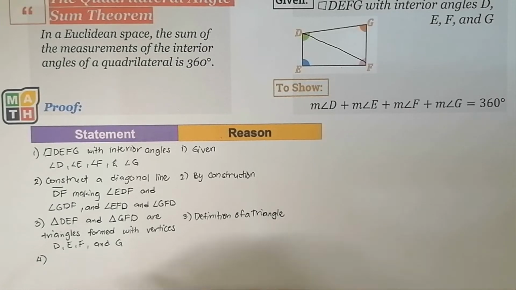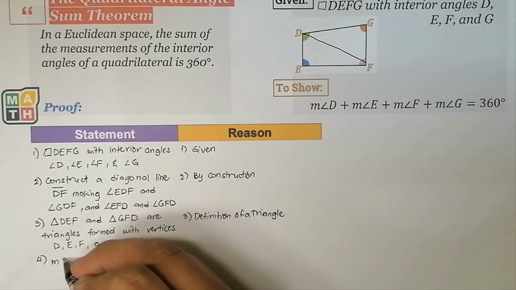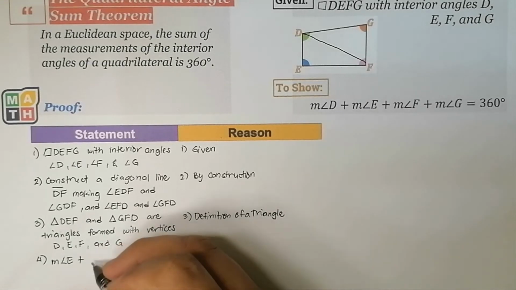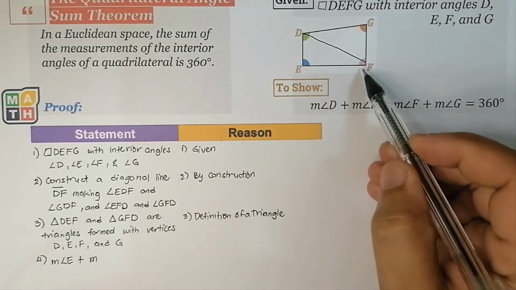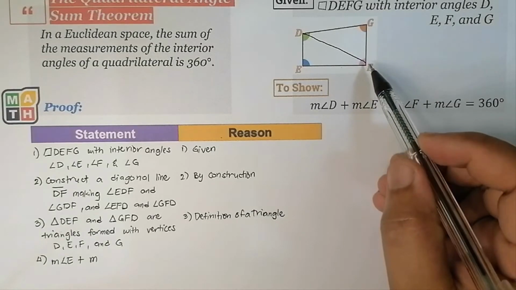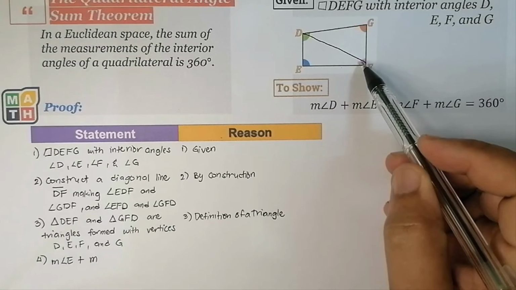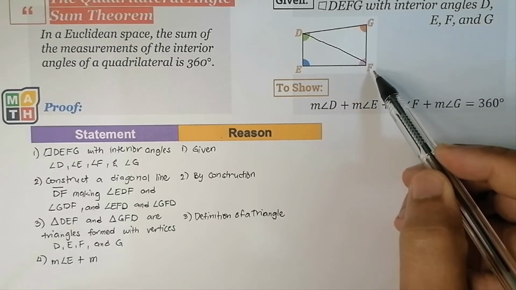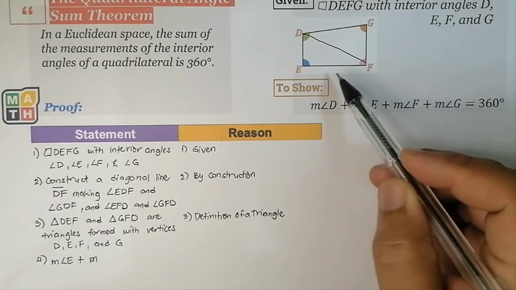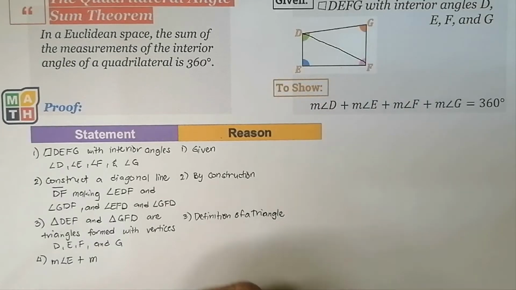That's the measurement of angle E plus the measurement of this angle here, not necessarily angle F because we are only concerned with this triangle here, but since F is a vertex for both these two angles, we could name this as EFD.